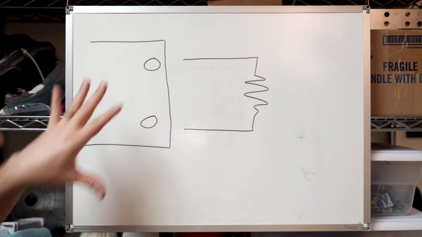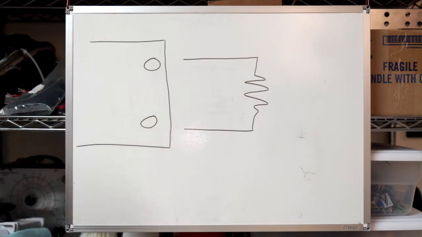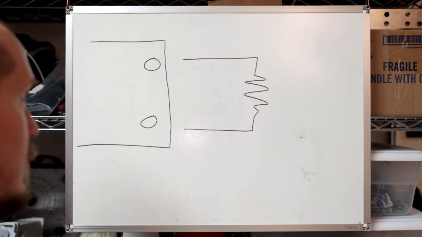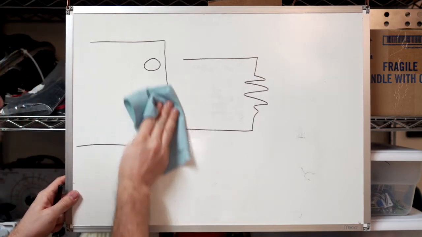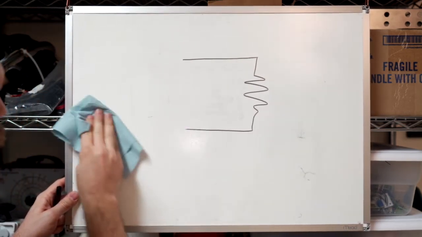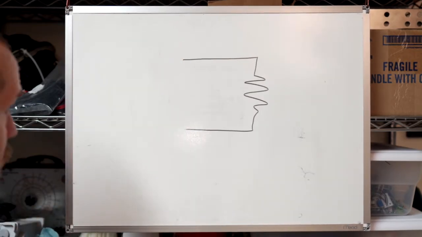The output impedance of an amplifier can be thought of as series resistance with the output of a perfect voltage source, I guess is the best way to say it. And so we'll imagine our perfect voltage source over here, which would have an output impedance of 0.